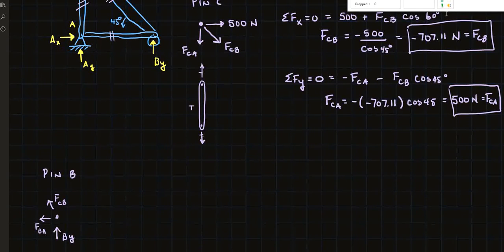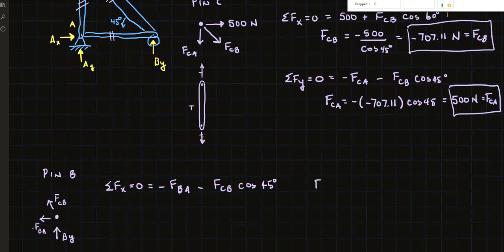Here is my free body diagram at B. Notice I made the member forces always pointing outwards, which is the best procedure to use. I'll mention that again. And here's my reaction at B, the same way I drew it up here. So now I've got sum of forces in the x direction. It equals minus the force of BA, this guy, minus the force of CB, the x component, so that's cosine of 45 degrees.